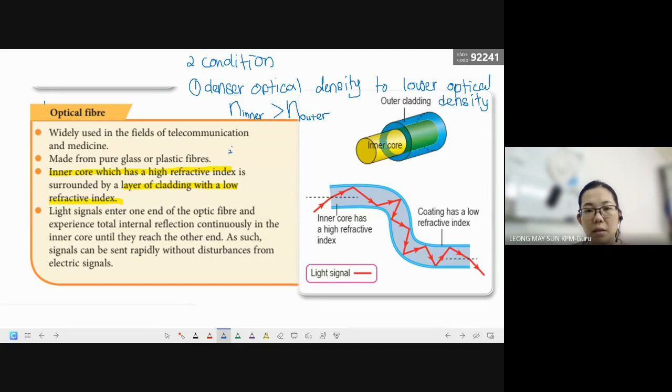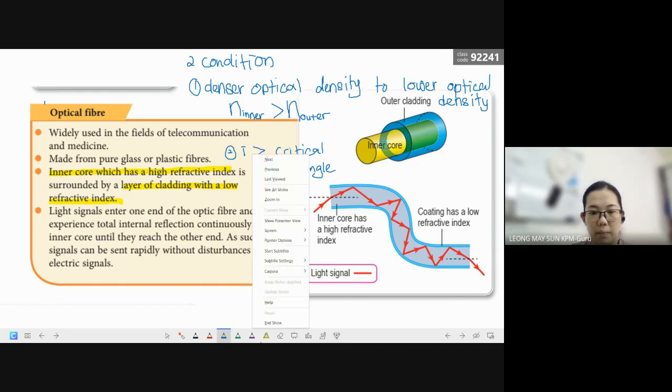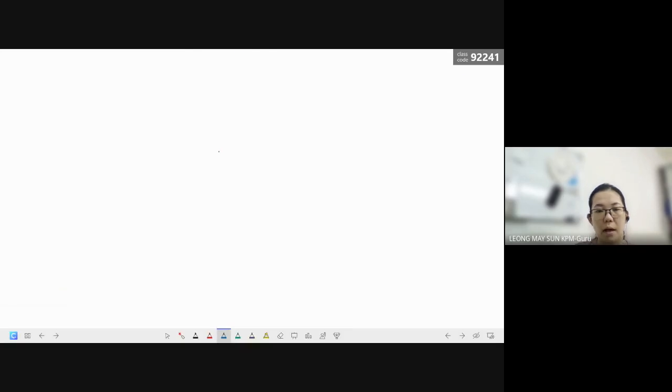The second condition is the incident angle must be greater than the critical angle. Recalling what the critical angle is: let's say this is air, with refractive index 1.00, and the bottom part is glass, for example 1.50.